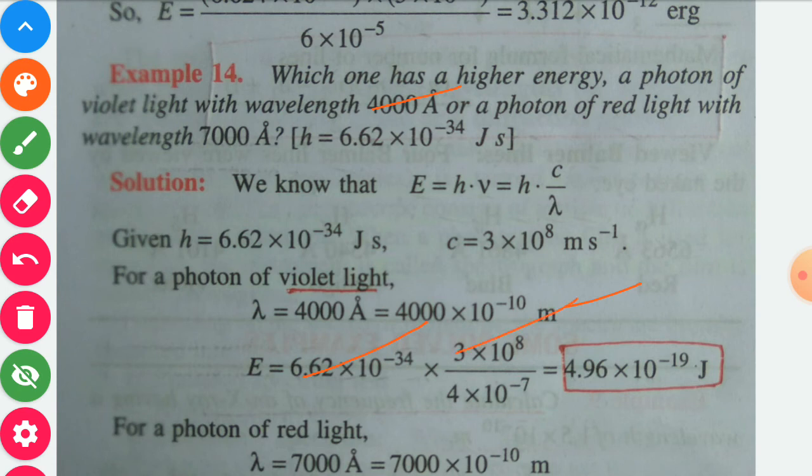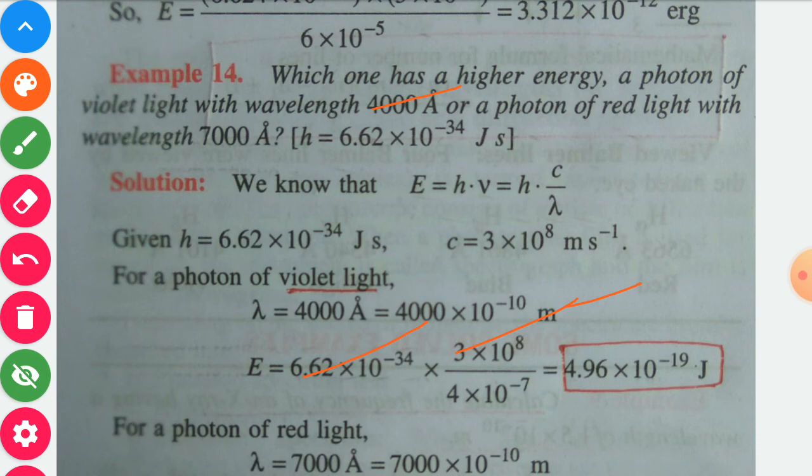C value is 3 into 10 power 8 meter per second, upon lambda, that is given 4000 angstrom unit, that is 4 into 10 power minus 7 meter. So on solving it will be 4.96 into 10 power minus 19 joule. So the energy for violet color will be 4.96 into 10 power minus 19 joule.